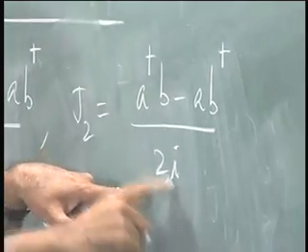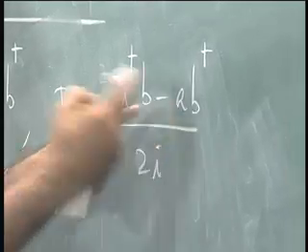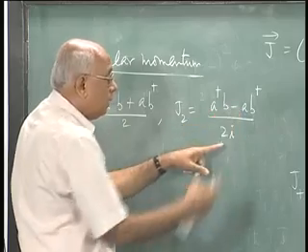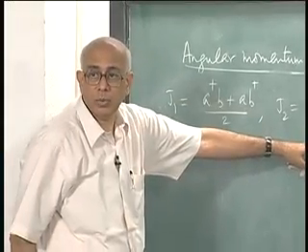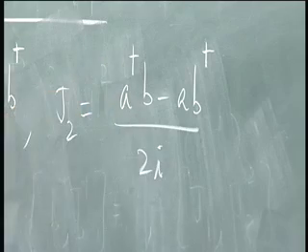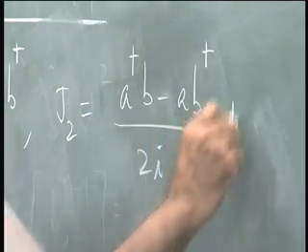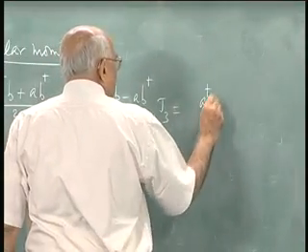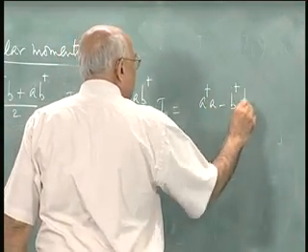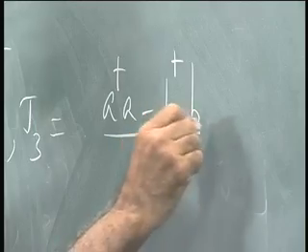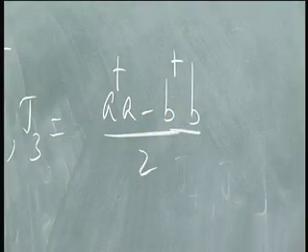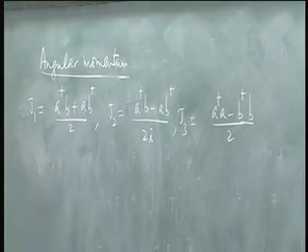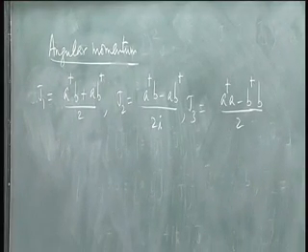This is guaranteed to be Hermitian, because this guy becomes B A dagger, which is this term here, and there is a minus sign there, that is taken care of by the 2i here. So this is Hermitian here, and J3 is simply A dagger A minus B dagger B over 2. So with these three combinations you are guaranteed that the angular momentum algebra is satisfied.